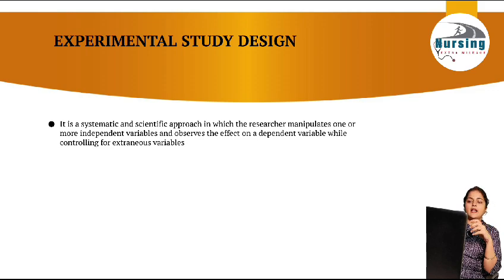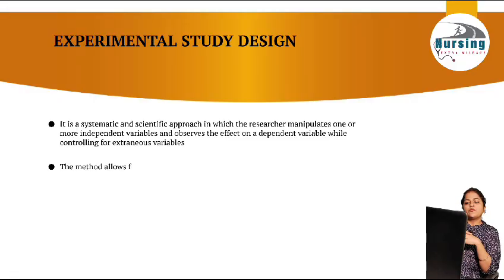For example, I am changing the age. I will give different kinds of age population in my study, and then I will note an effect on the dependent variable, but I will have control on extraneous variables. Okay, so I will allow that my independent variables will change, and then the effect of it on dependent variable will also be seen, but my extraneous variables will be under my control. This is experimental study design.